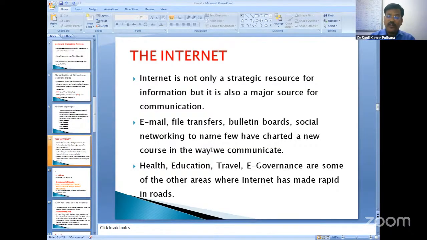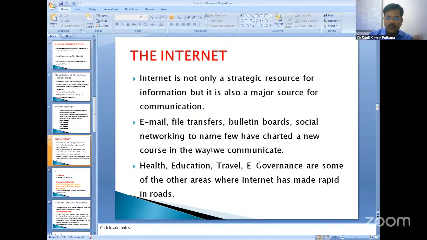Health, education, travel, and e-governance are some of the other areas where the internet has made rapid growth. With so much utility and service, the internet has become a requirement for mankind. Without the internet, there is no life.